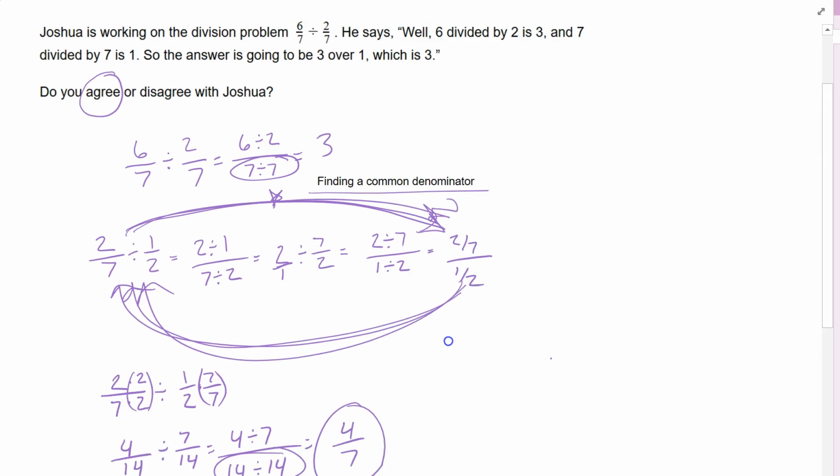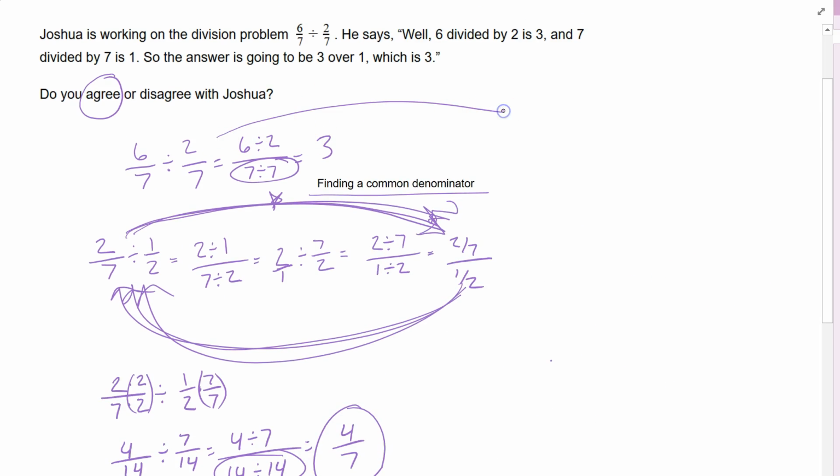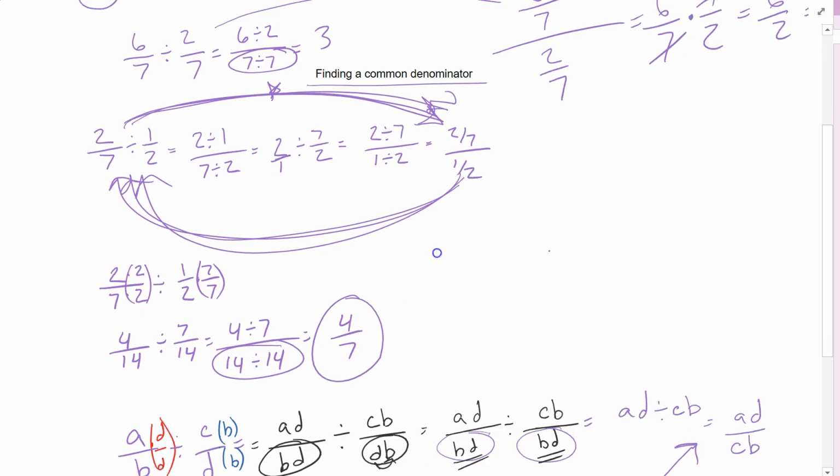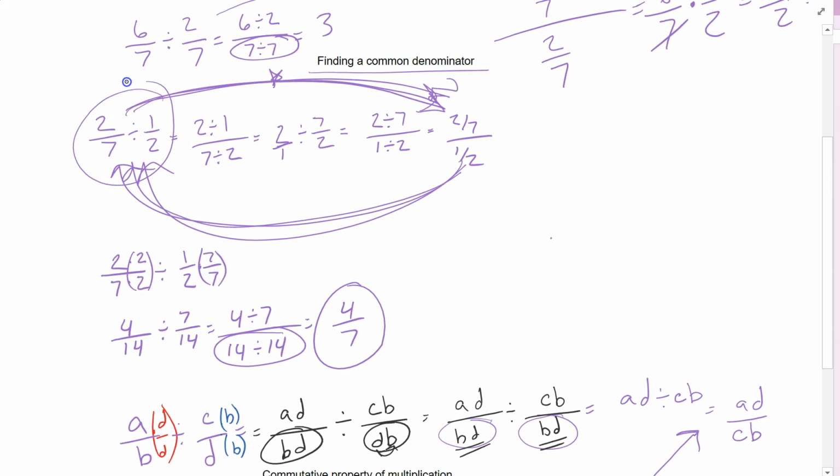So if you go back up to Joshua's problem, you could definitely do it using Joshua's technique, or you could have 6/7 divided by 2/7 is going to be 6/7 times 7/2. This is where that common denominator step cancels out, and you get 6/2, which would be 3. In this case, you could find the common denominator using Joshua's method and get the same answer, or you could have 2/7 divided by 1/2.